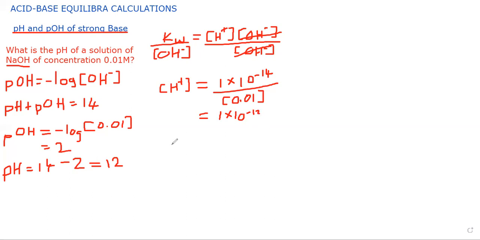So you can go ahead now and say pH is equal to negative log 1 times 10 to the minus 12.